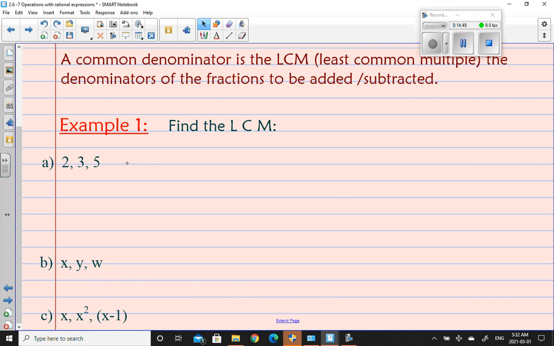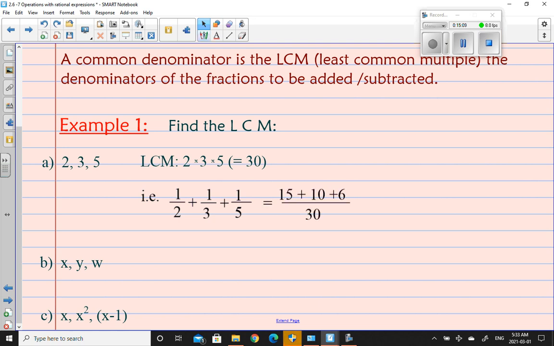So just to recap, let's find the LCM of some smaller numbers here. For example, if you want to find the LCM of 2, 3, and 5, what would we do? Well, we would multiply 2 times 3 times 5 and get 30. So if, for example, you had to add 1 over 2 plus 1 over 3 plus 1 over 5, then the common denominator would be 30, right?